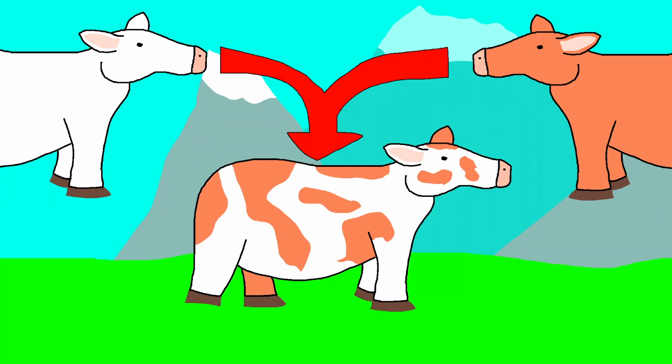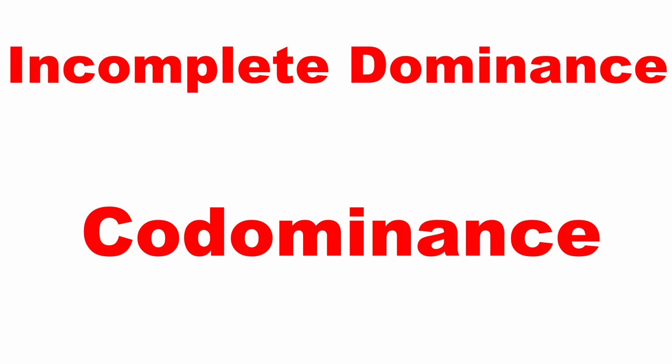Instead, they're both fully expressed, meaning the cow will be partially white and partially red, since both are fully dominant in some areas. Each of these 2 exceptions essentially leads to a third phenotype, since homozygous one way or the other and heterozygous all produce a unique phenotype.